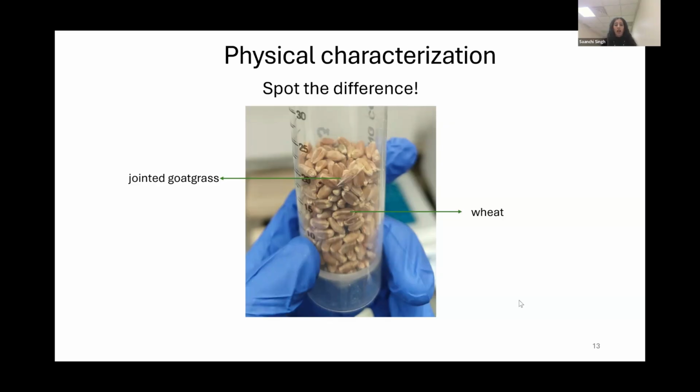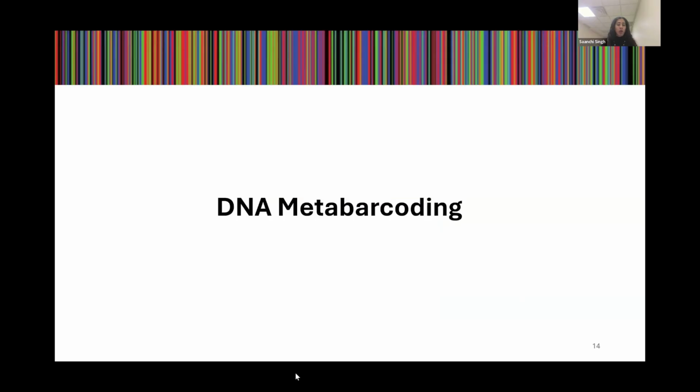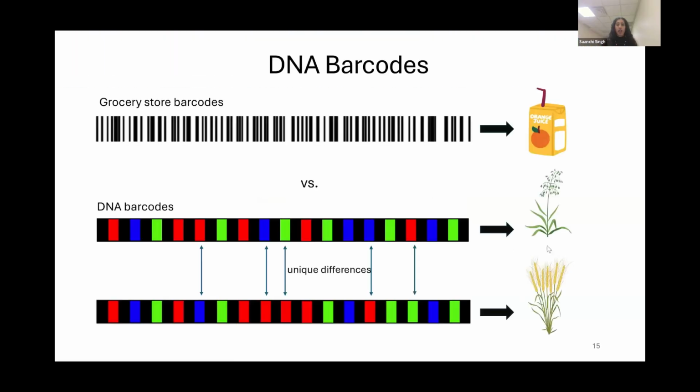And so our lab is developing two DNA-based methodologies to complement these conventional methods. The first one that we'll be talking about today is DNA metabarcoding. And I'd like to just take a few steps back and talk about what DNA barcodes are. So DNA barcodes are similar to grocery store barcodes in the sense that they both enable us to uniquely identify products like orange juice, or in the case of DNA barcodes, species, simply based on a few characteristic differences in their barcodes.